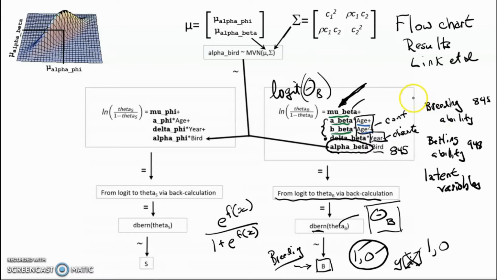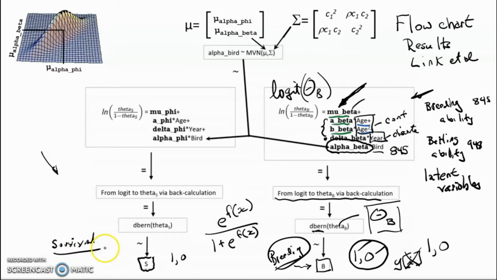So that's this side. Then we come over to this side and we see something similar, except now we've got S. And S can be a 1 or a 0, but whereas B stood for breeding, S stands for survival.